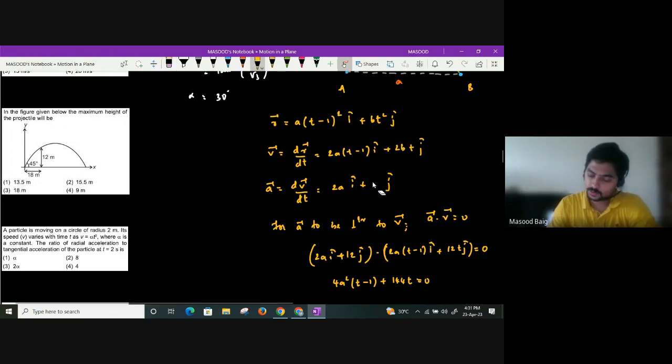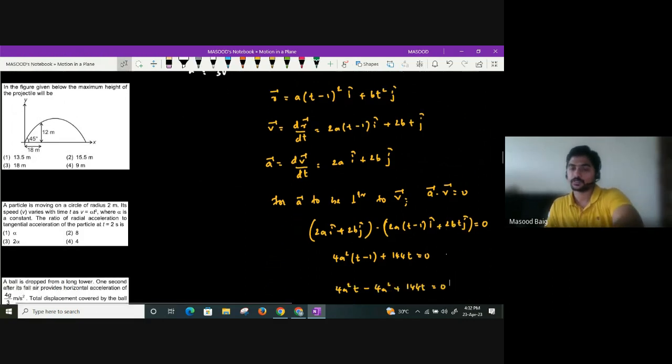Here you will get it as 2b. Okay, so this is your 2bt. And here, sorry, this is 2b only. Acceleration I've written, no? This is 2b. And here we got how much? 2bt.